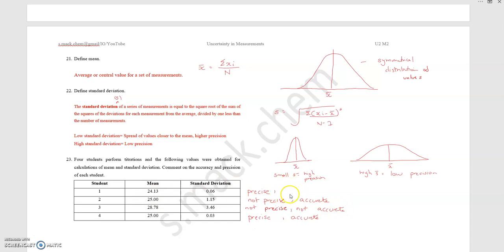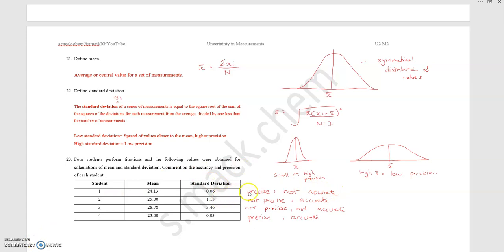This mean value of 24.13 is also not close to the accepted or true value, which is 25.00. So this student was also not accurate.